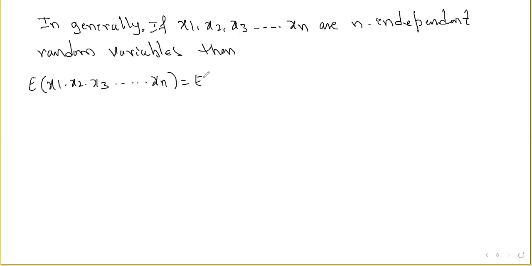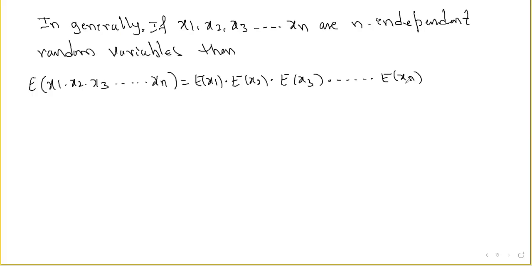That is nothing but expected value of x1 into expected value of x2 into expected value of x3 and so on up to expected value of xn, right? So this exists in general, right? So this is also called the generalization of multiplication theorem of expectation, right?